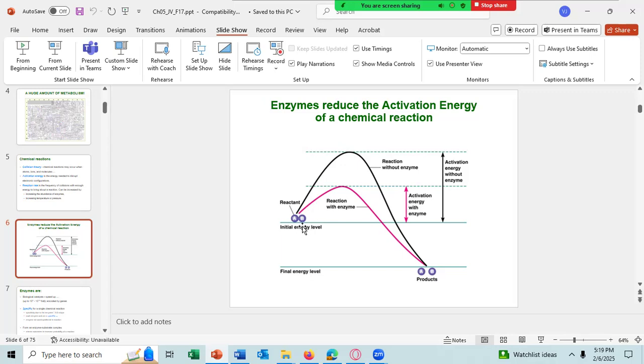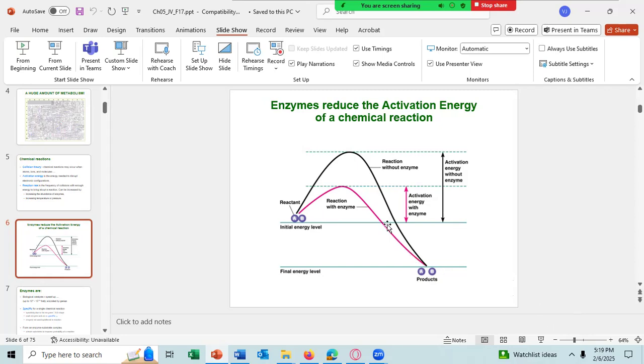To get sucrose into, well, that's not a good example. Let's say to get glucose into carbon dioxide and water, we can do that. I don't know how much energy you need to give to get sucrose into glucose and fructose.